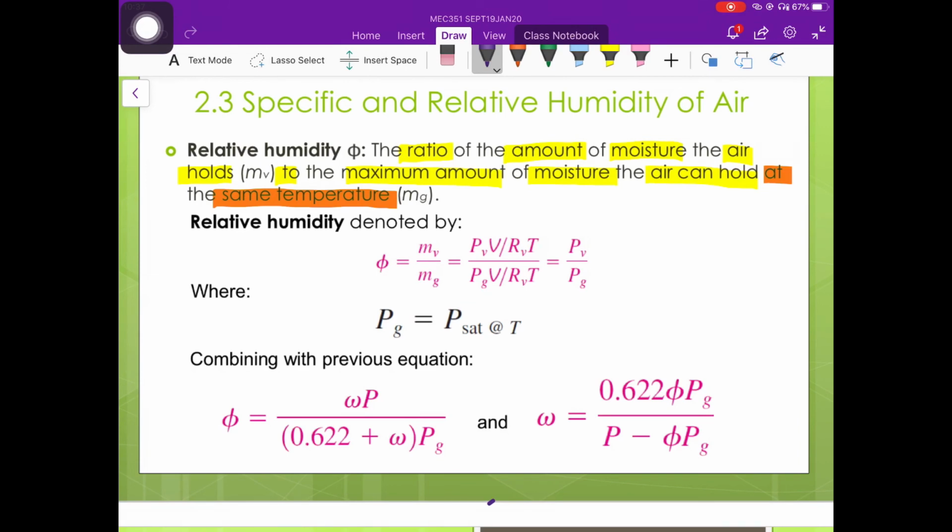If we combine the equation for relative humidity with the specific humidity as discussed previously, we can get these two equations, which show the relation between specific humidity and relative humidity.